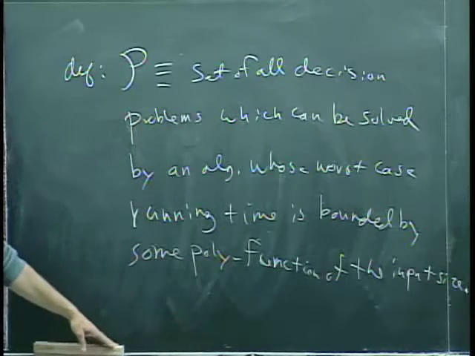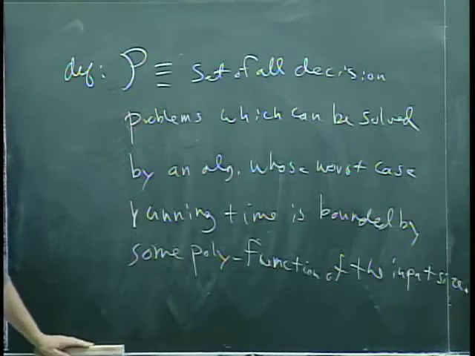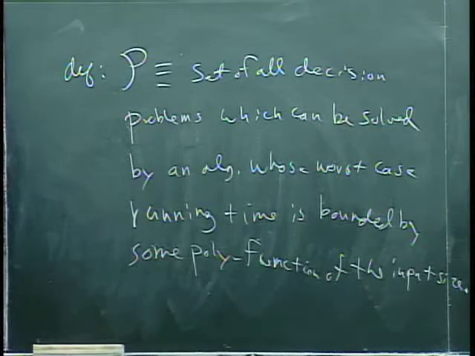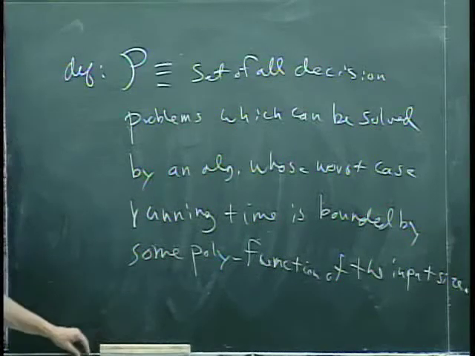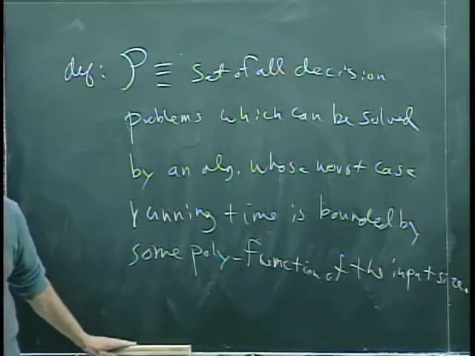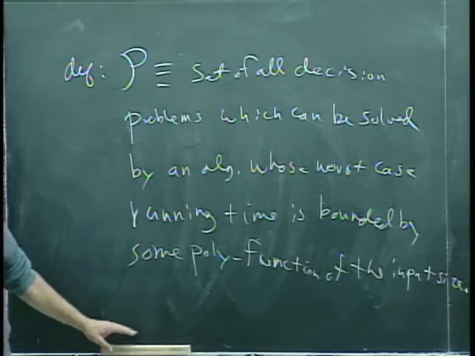So that's certainly bounded by a polynomial. That's just order n, where n is the number of intervals, so that's n raised to the 1. And every other algorithm that we've seen so far for every other problem, other than building a truth table, has a running time that's bounded by a polynomial function of its input size.